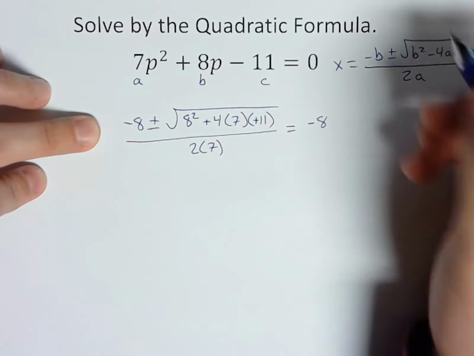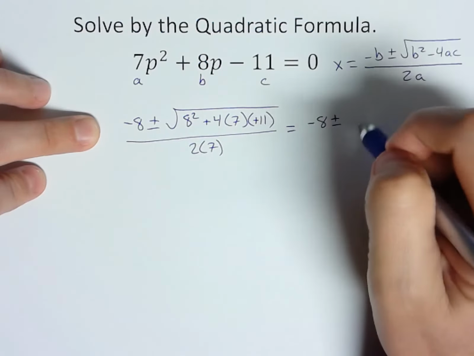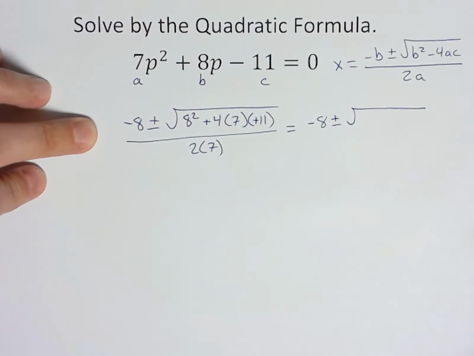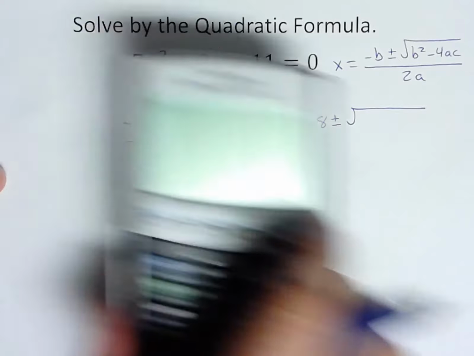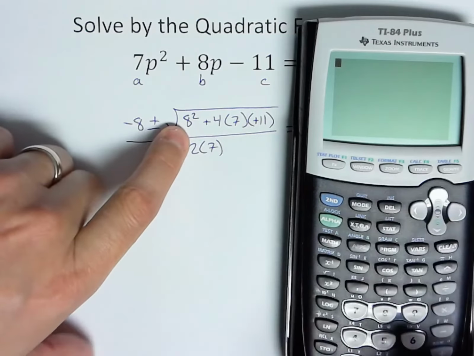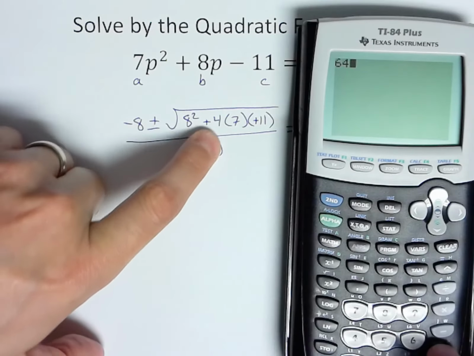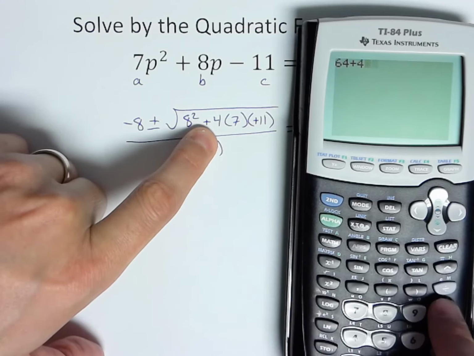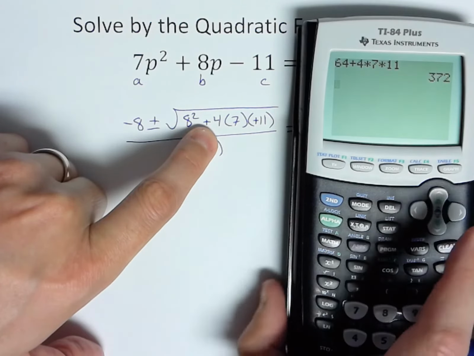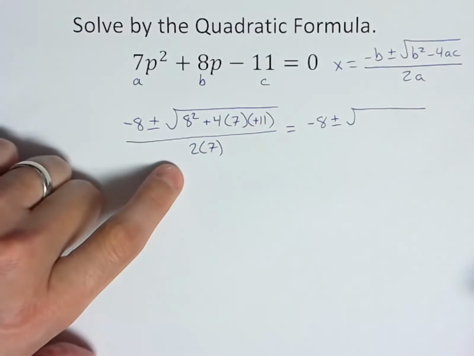We could just plug that in our calculator. So negative 8 plus or minus, and let me go grab my calculator. Let's just plug that in quick. So 8 squared, of course that's 64, plus 4 times 7 times 11, and that is 372.